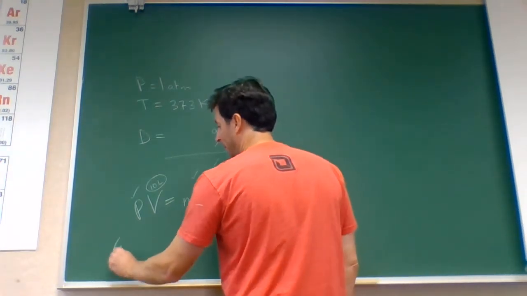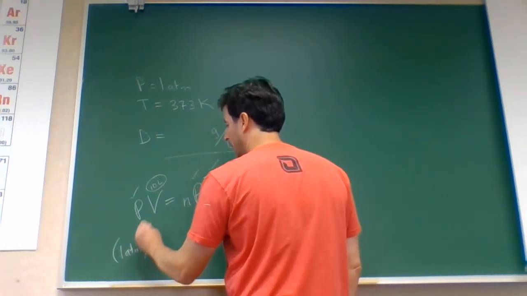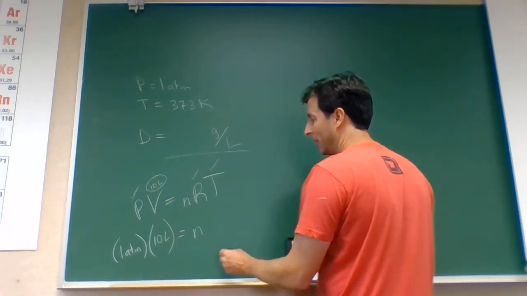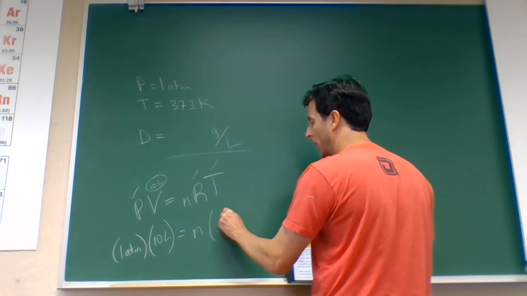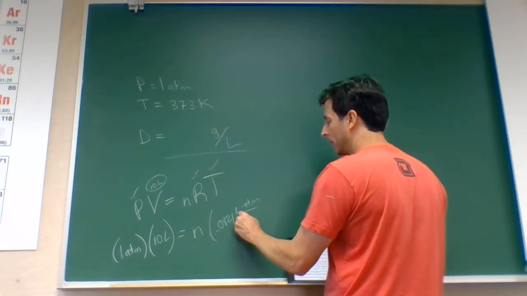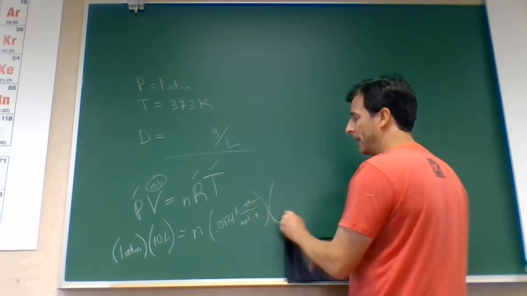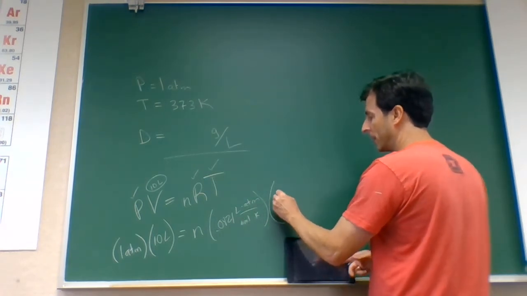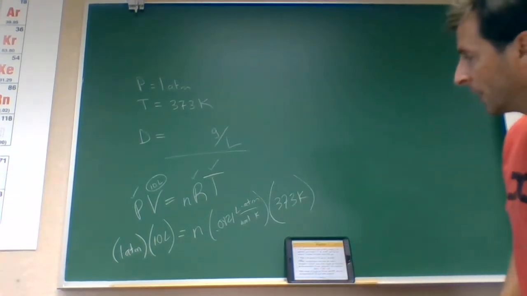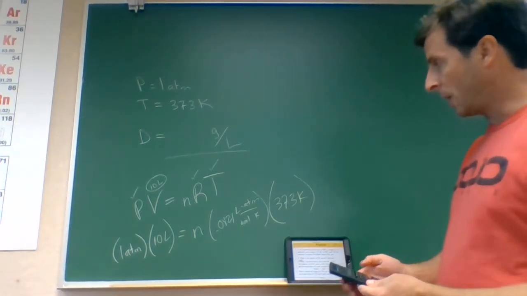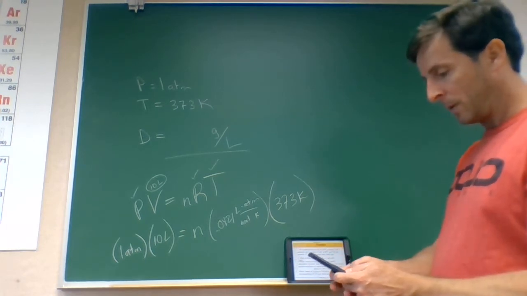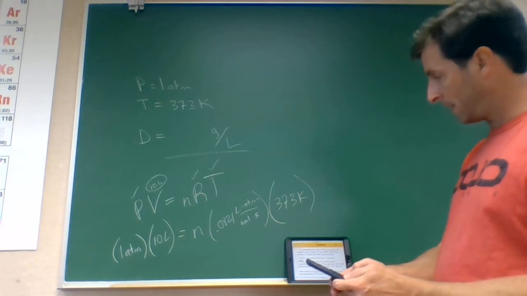I got 1 atmosphere, 10 liters, n is my unknown, R is 0.0821 liter atmospheres per mole Kelvin, and then temperature is 373. So again, I'll grab my calculator. On the left side I'm going to have 10, then divide by 0.0821 and divide by 373.